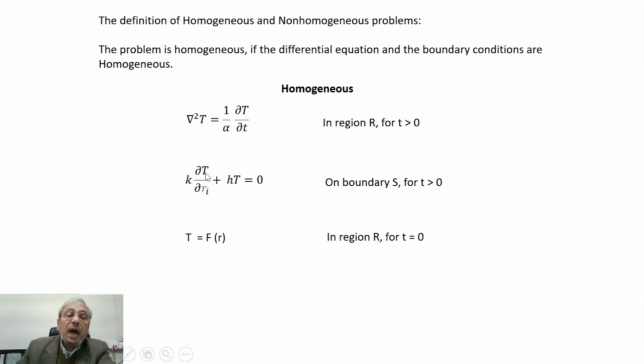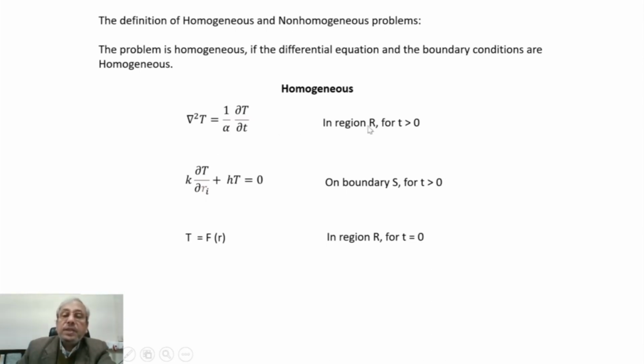K ∂T/∂r_i, r is the spatial dimension, plus hT equal to 0 on the boundary which is encompassing the region R for time t greater than 0, and T equal to f(r), that is a spatial function in the region R for t equal to 0.